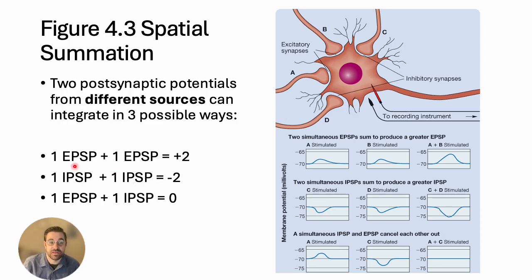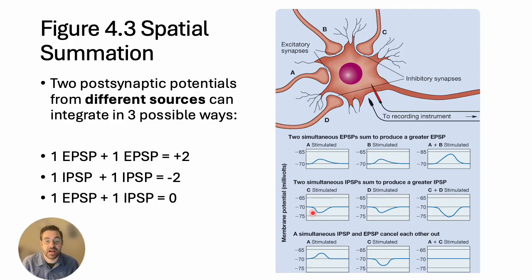So if I have two EPSPs from A and B, then A is going to give a little bit of EPSP, B is going to give a little bit of EPSP, but when they come together, we get A and B added up: spatial summation. Different space, summing together. Cool? So now I get more excited. I'm getting closer and closer to threshold because I got a signal from both A and B.